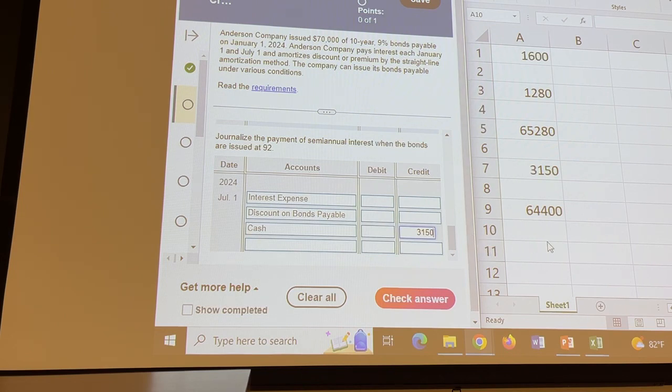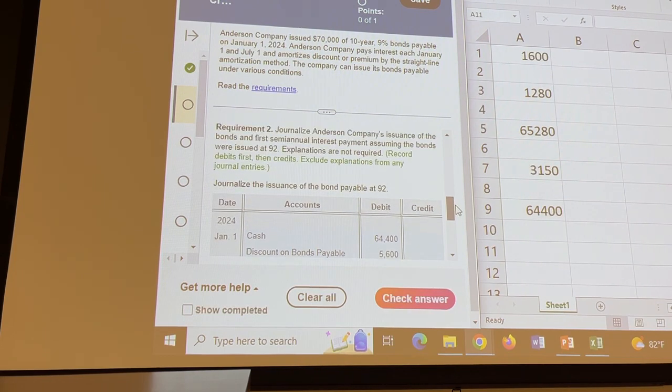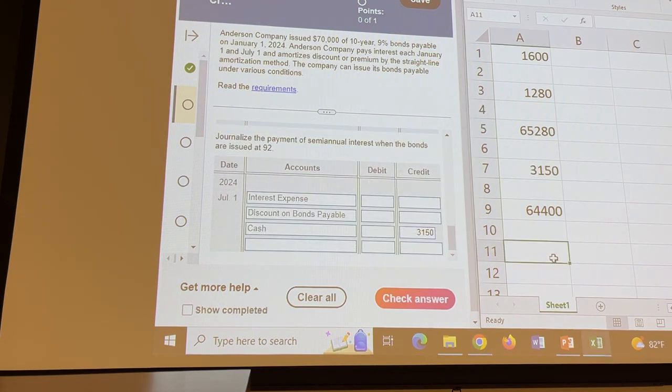Okay, so now to amortize the discount, the total discount was $5,600, and the bonds are 10-year bonds. So there are 20 6-month periods in a period of 10 years.